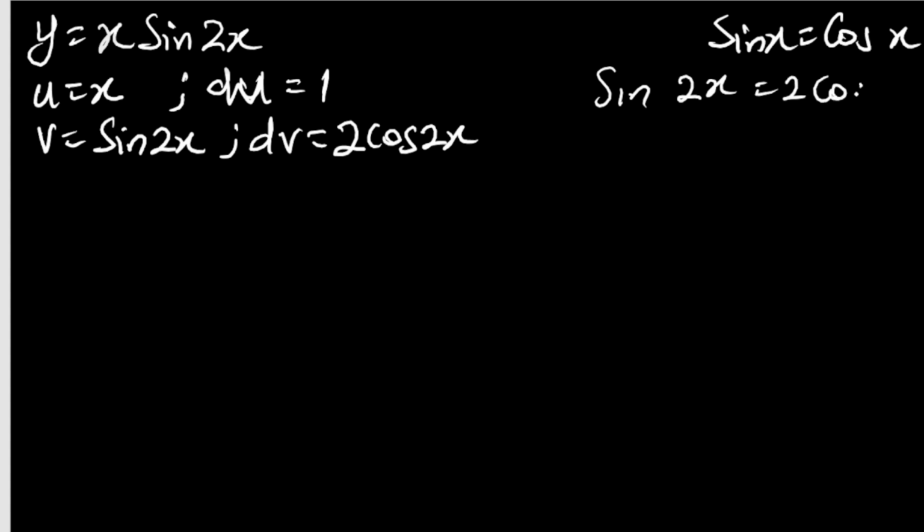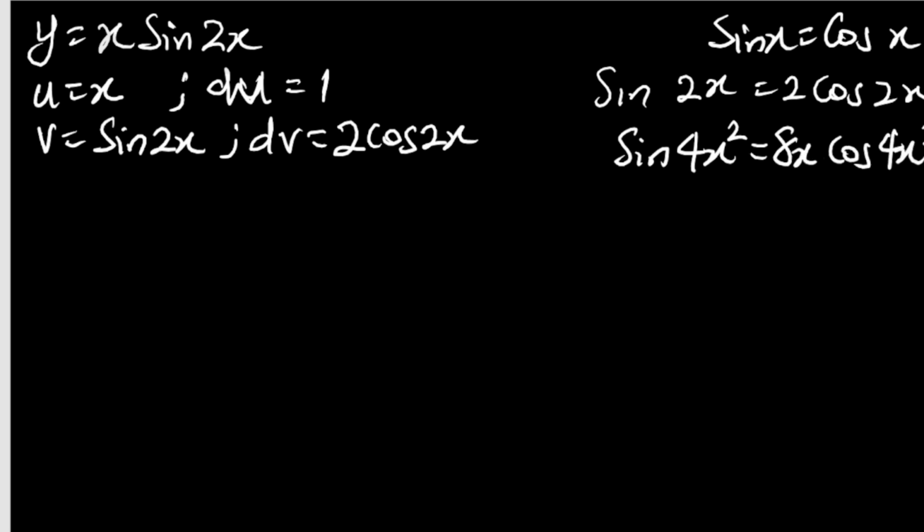This will be 2 cos 2x. Now let's also assume we have sine 4x squared. What does this mean? We are differentiating the 4x squared, which will give us 8x cos of that same thing. With the sine 2x we did, we differentiated 2x to give us 2. I hope you understand that now.